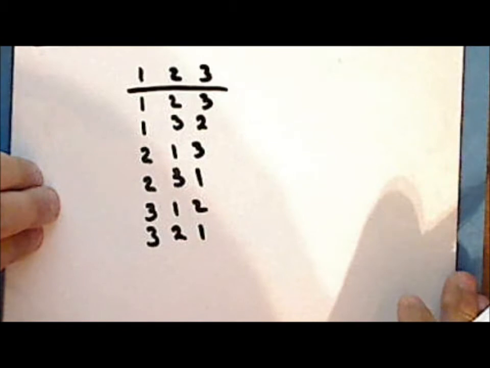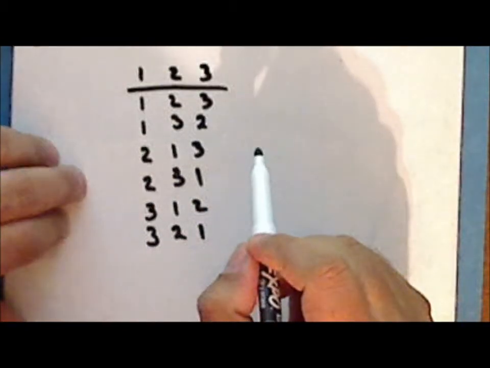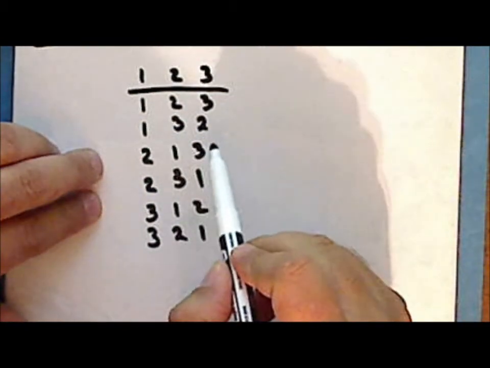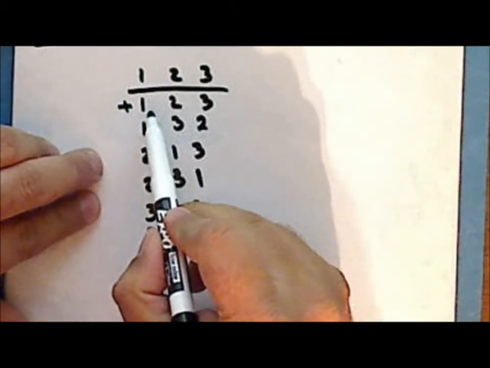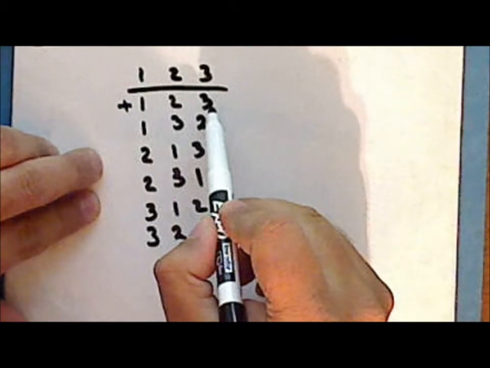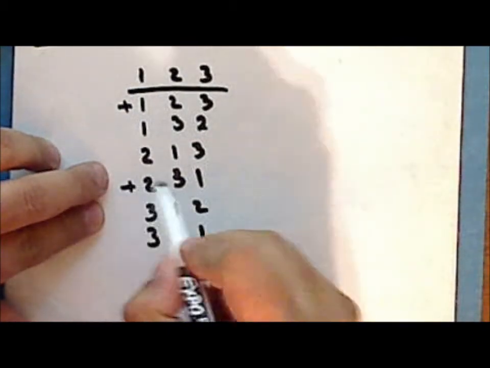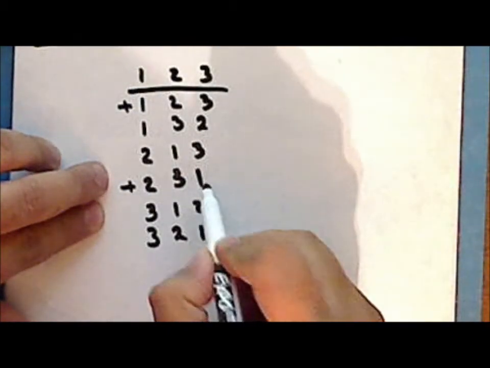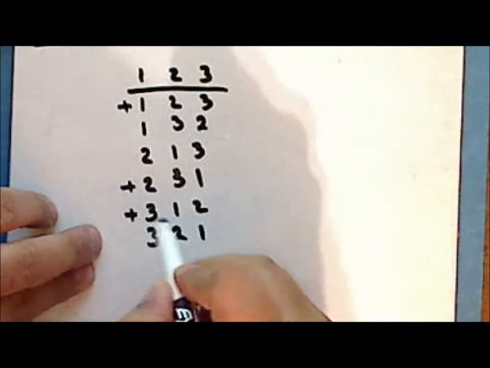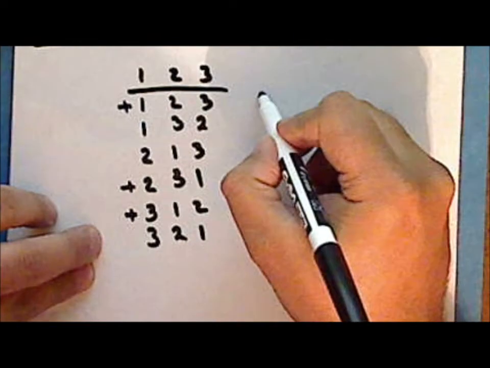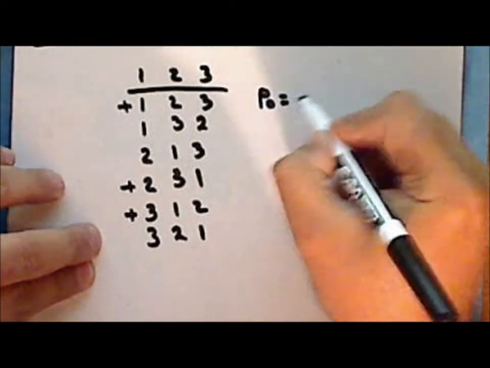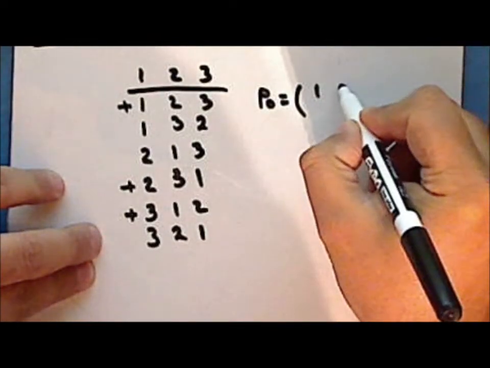So let's first focus on the permutations that leave the integers in their proper order. That is 1, 2, 3, 2, 3, and then back to 1, 3, then to 1, and then 2. Let rho sub 0 be the identity.